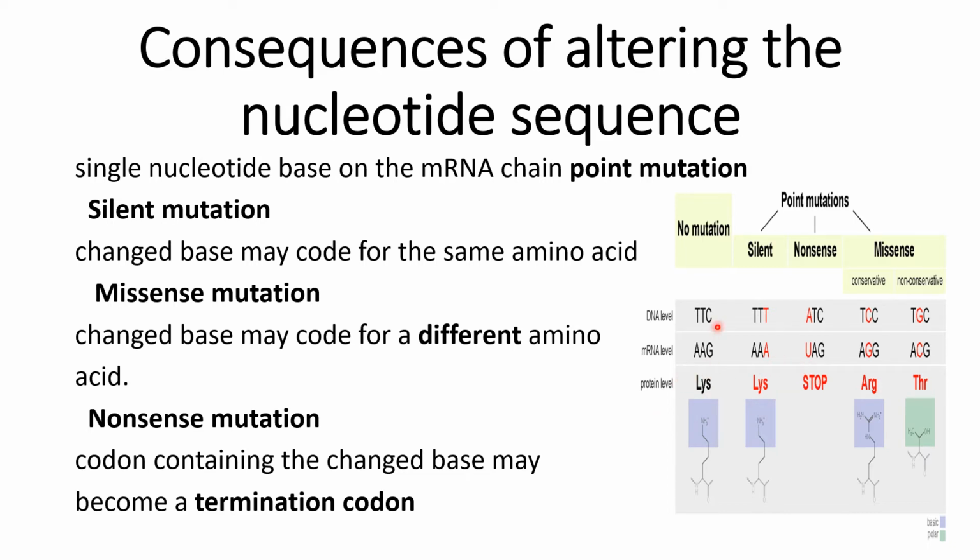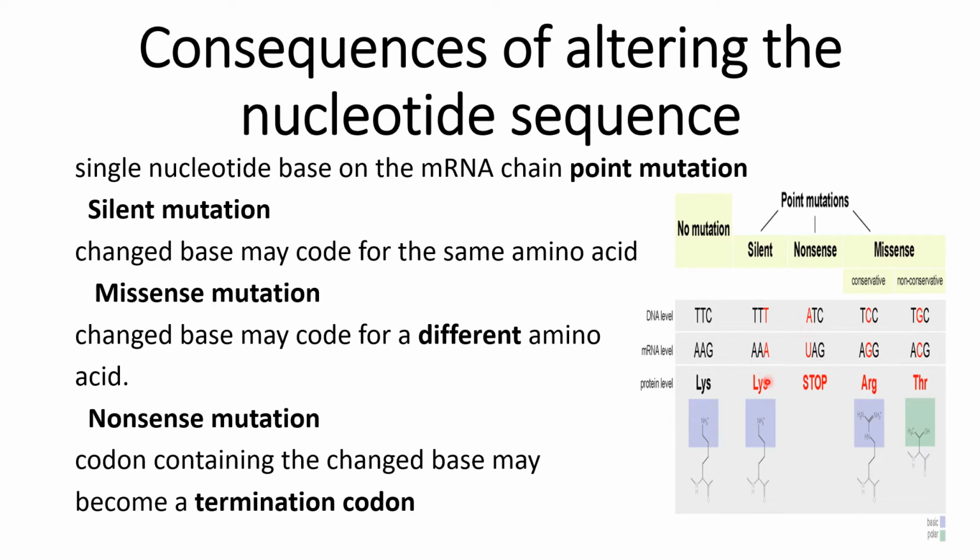For example, TTC are the bases present on the DNA, and it makes the codon on the messenger RNA AAG that codes for lysine. But if a point mutation takes place at C, and instead of C, T is incorporated, then what happens?